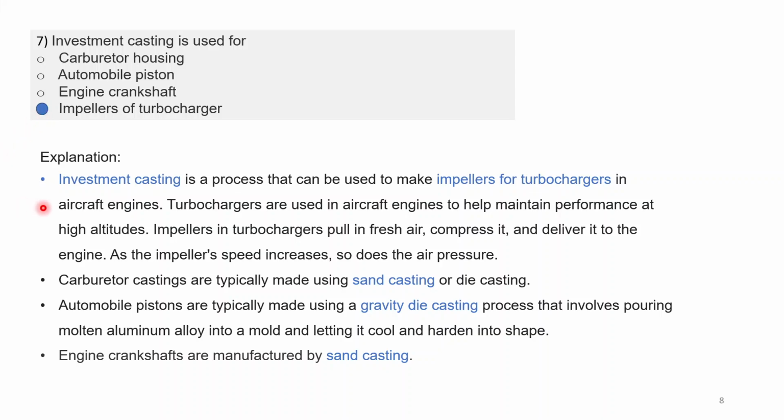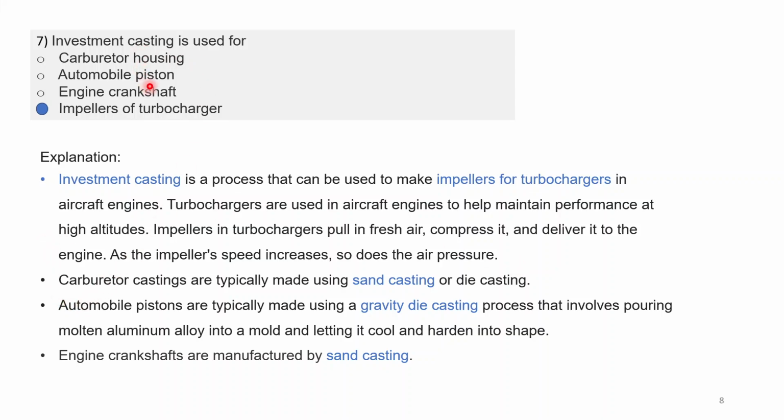Investment casting can be used for making impellers for turbochargers in aircraft engines, which help maintain performance at high altitudes. The impellers in a turbocharger pull in fresh air, compress it and deliver it to the engine. As the impeller's speed increases, so does the air pressure.